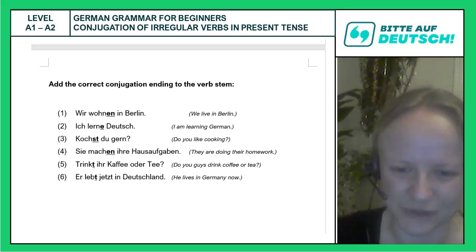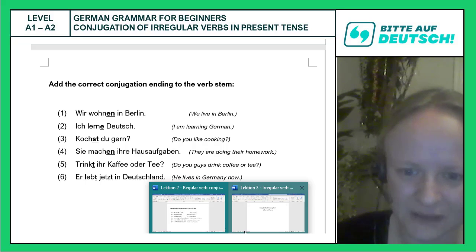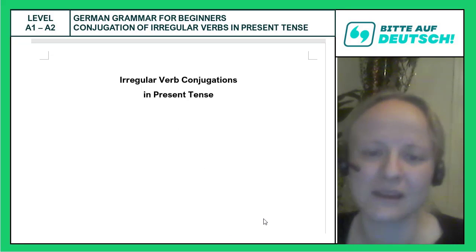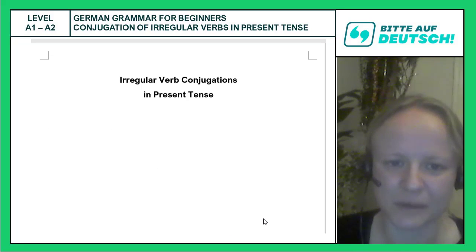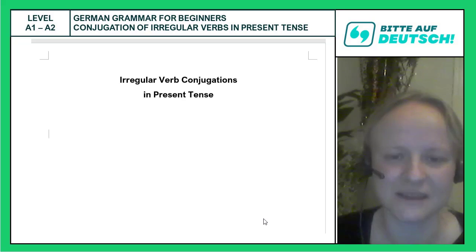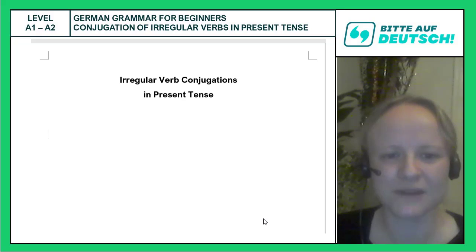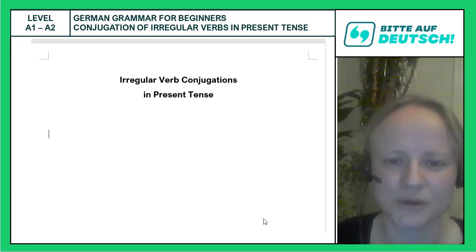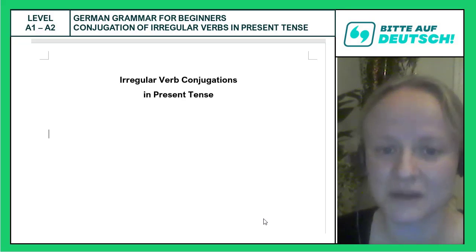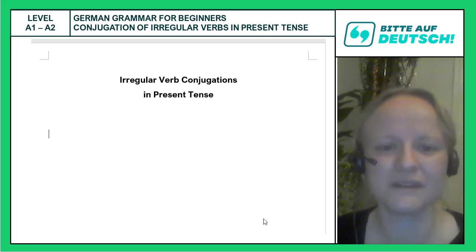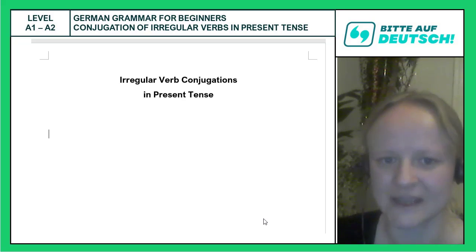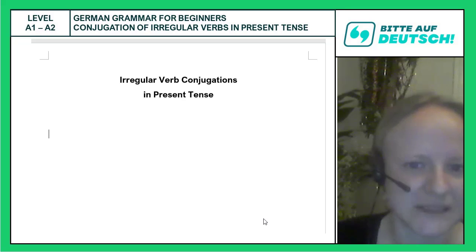And we will continue today by contrasting regular verbs with irregular verb conjugations. And please bear in mind, when I speak about regular and irregular, that is not pertinent to the verb itself. When I say regular or irregular, that usually pertains to that verb in a particular tense. So if a verb is regular in present tense, it might still be irregular in past tense.